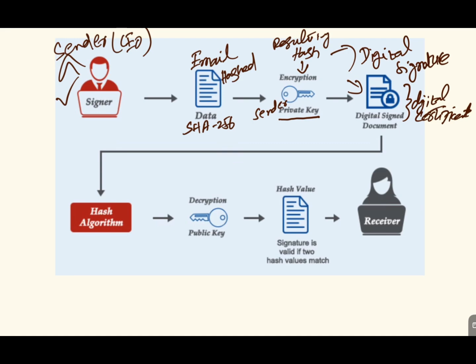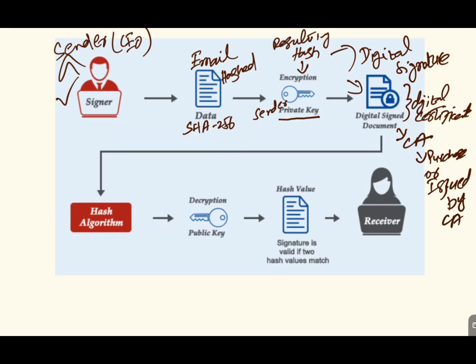So as a sender, you have acquired the certificate from these authorities. This certificate is also signed by the certificate authority. The certificate is obtained from a CA, usually purchased or issued by the CA.